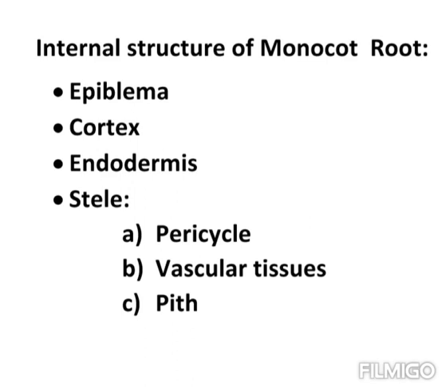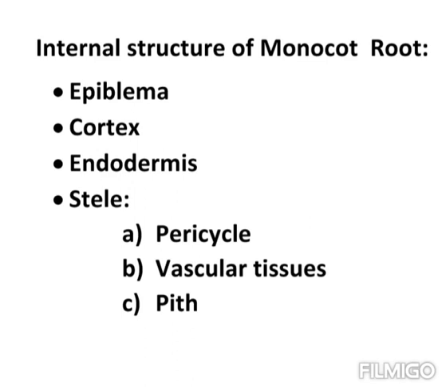Here it is more than four, many xylem groups are present, so it is polyarch. So the vascular bundle is radial and xylem is exarch and polyarch. You can remember a short form: REP, radial, exarch and polyarch.